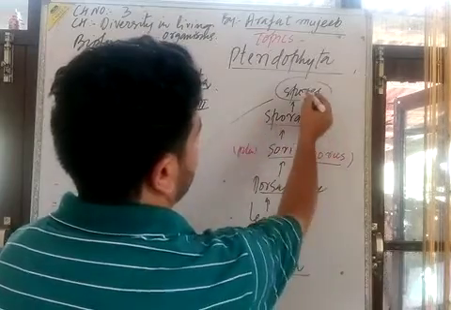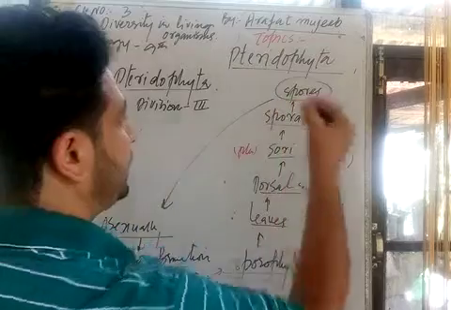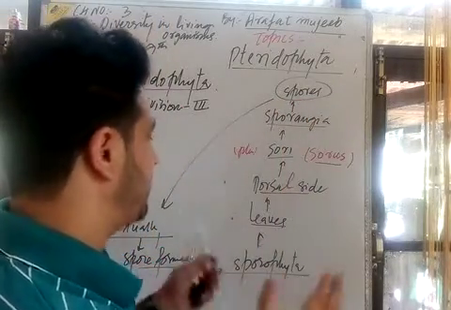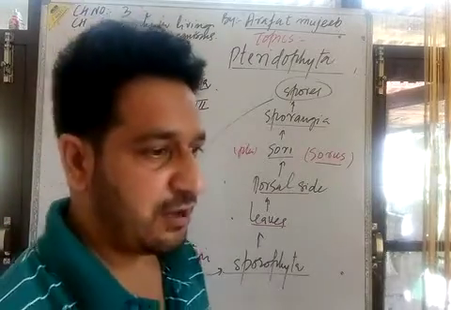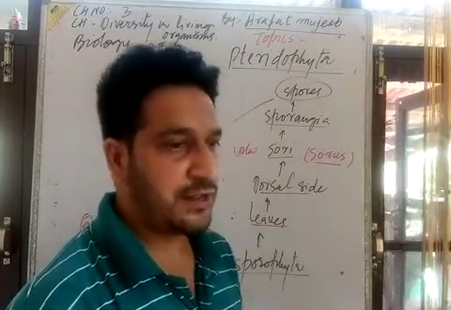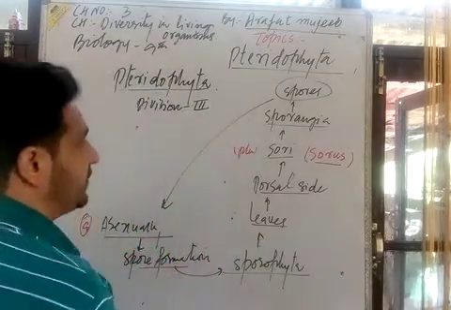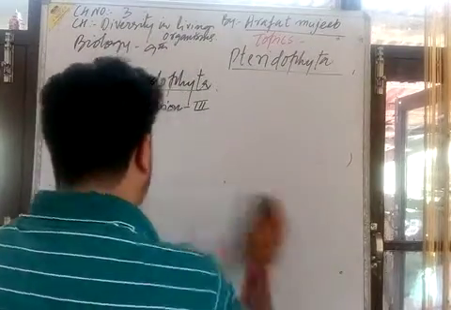Sporangia is the part where spore formation, development and maturation take place. When the spores are mature, they burst out, separate and fall in the moist area, moist soil, then they regenerate into a new individual. This is the asexual mode of reproduction seen in the pteridophytes.